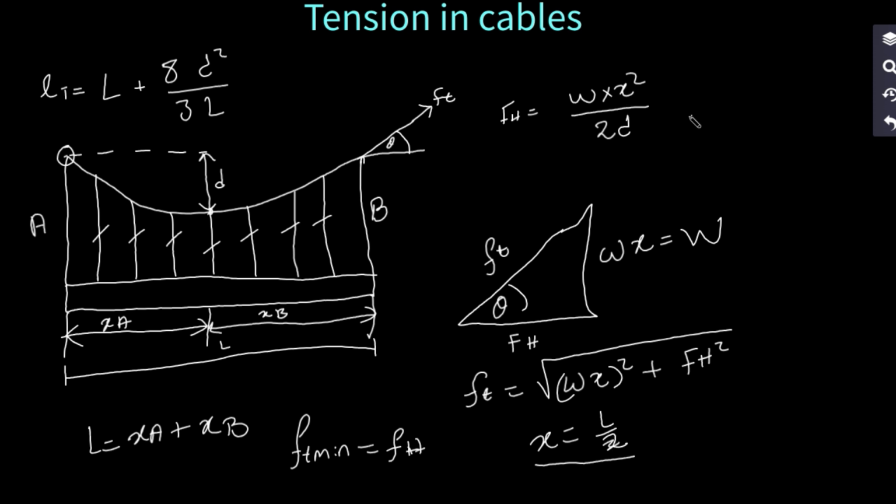So we can come here and say W times L divided by 2, squared, over 2 times D, and then it will give us this when we simplify. W times, it will be 2 times 2, which will be 4, and then times 2, which will be 8. So it will be L squared divided by 8D.